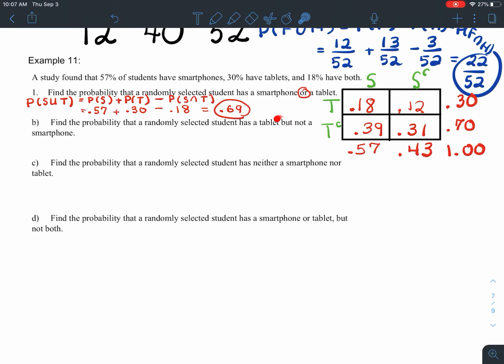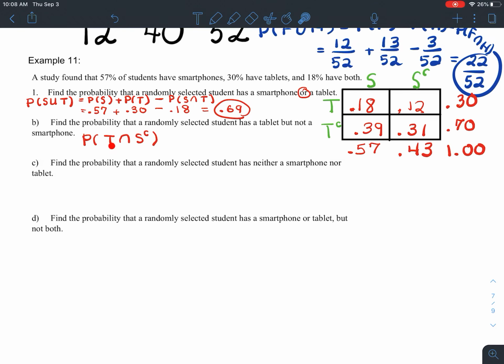So let's look at part B. It says find the probability that a randomly selected student has a tablet but not a smartphone. Okay. Now you notice they use the word but here, but what's actually implied is they're saying that the student has a tablet and they do not have a smartphone.